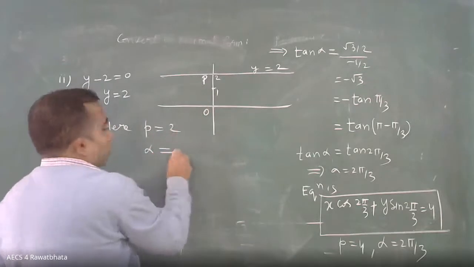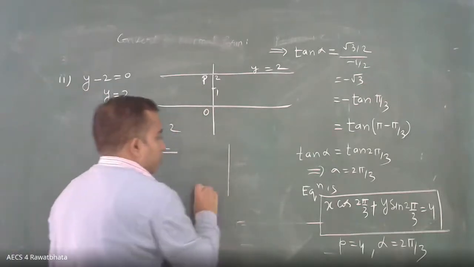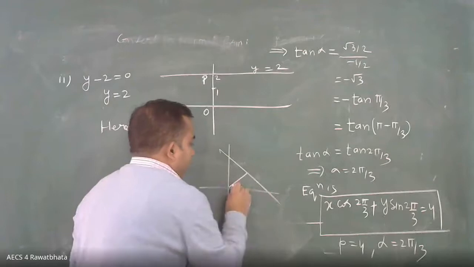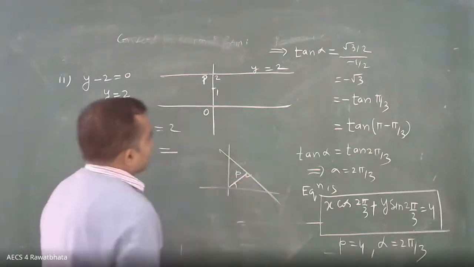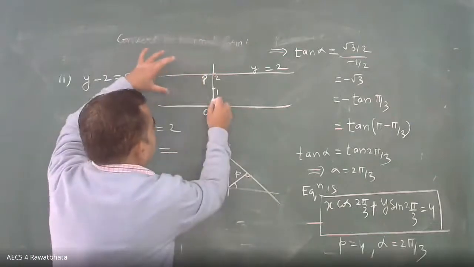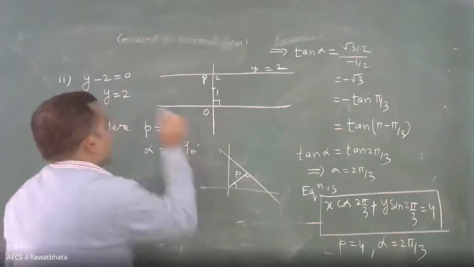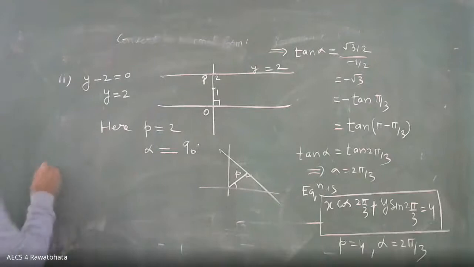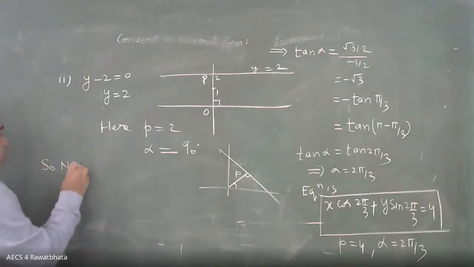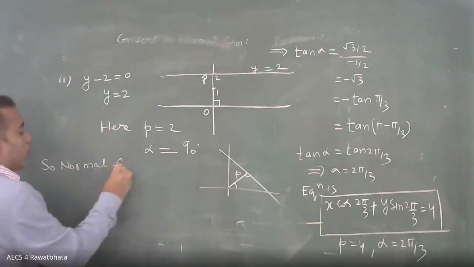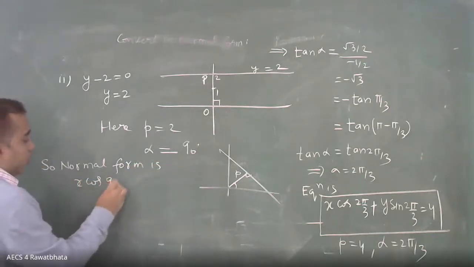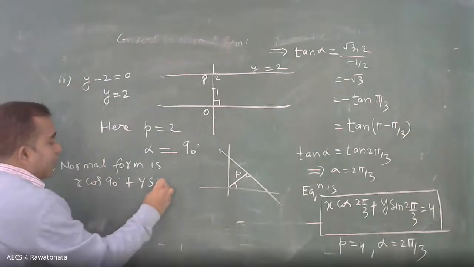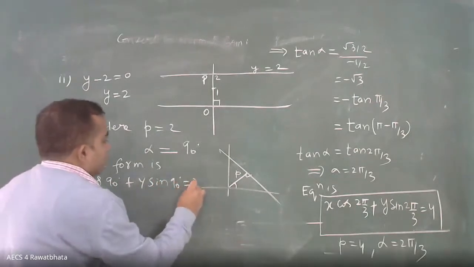And alpha is what? Alpha is the angle between perpendicular and x-axis. So this is perpendicular and x-axis. So alpha is 90. So directly you can write, normal form is x cos 90 degree plus y sin 90 degree equals to 2.